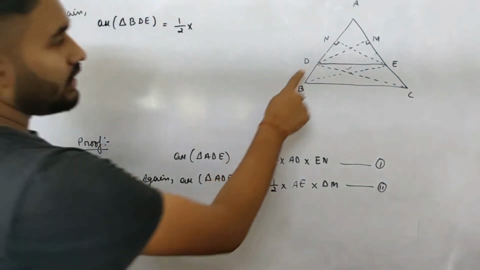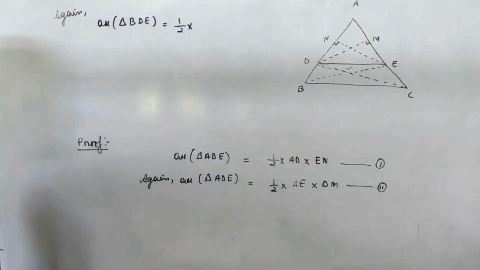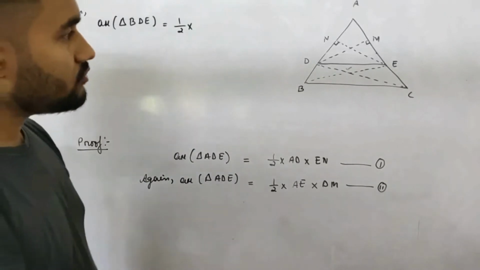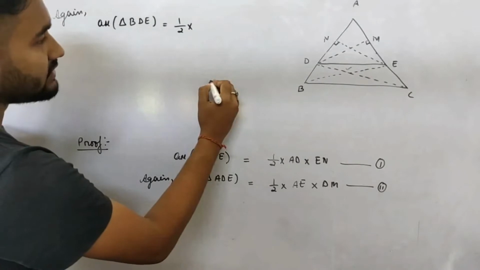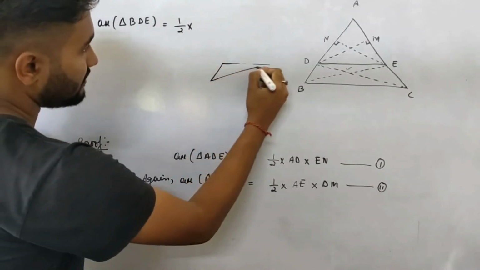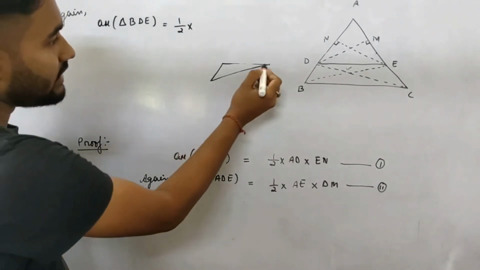Inside this triangle BDE, is there any height inside? There is no height because it is an obtuse angle triangle. So where is this height? See, this is the triangle. This is B, this is D, and this is E. If you look, the height is there.